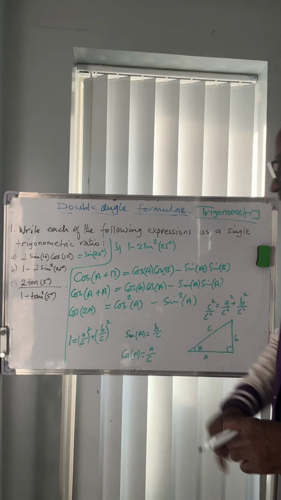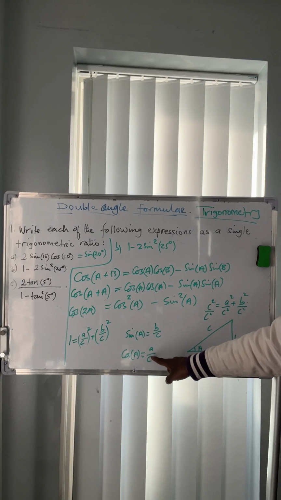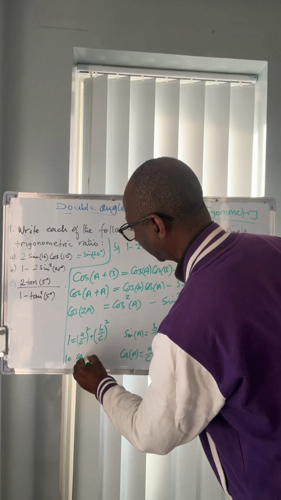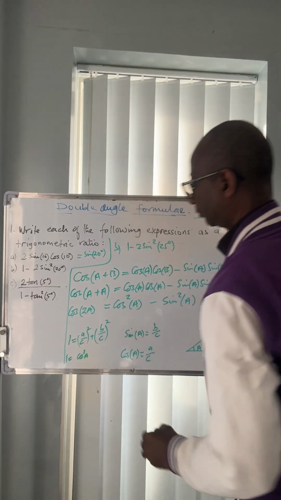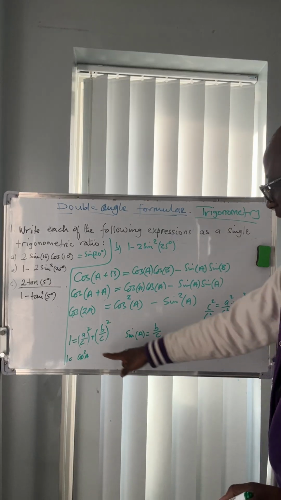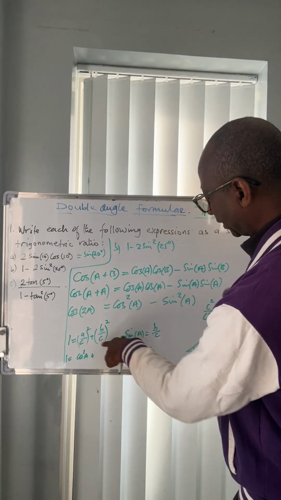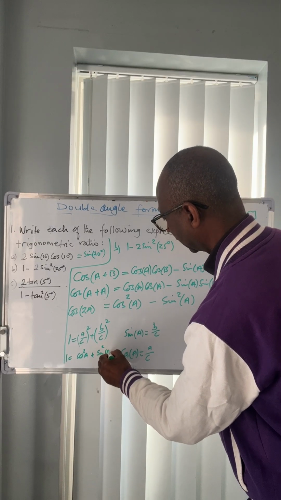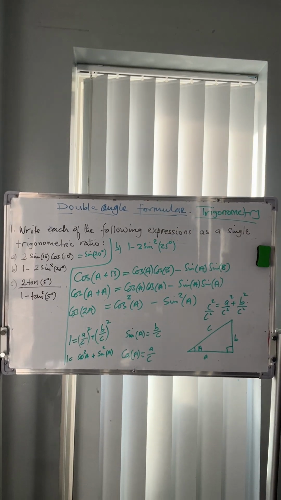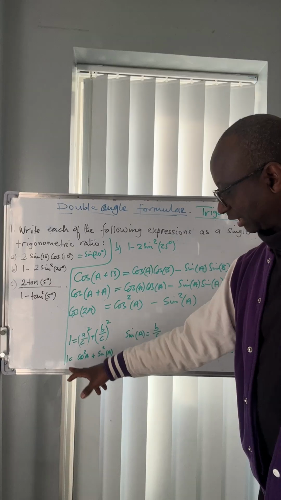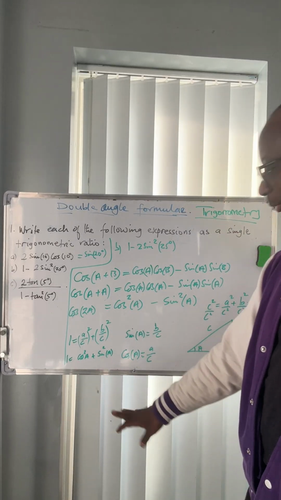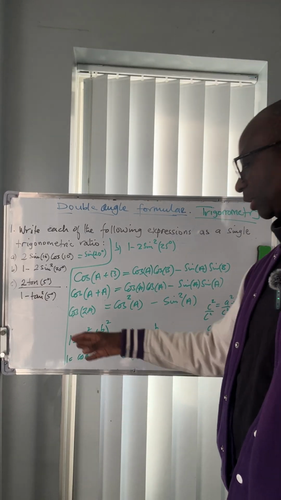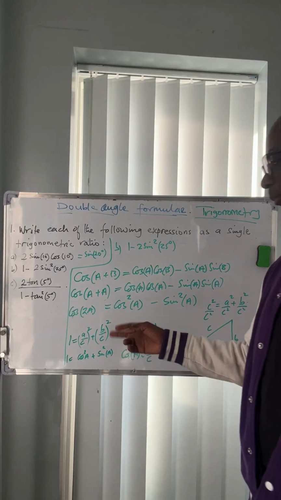But what is A over C? A over C is cosine of A. So 1 equals the cosine squared of A plus B over C, which is sine squared of A. I'm assuming that you know this: cos square theta plus sine square theta is equal to 1.